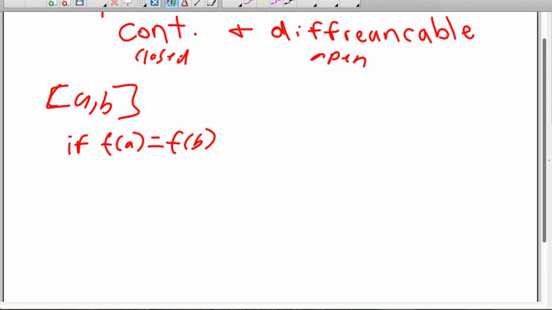Or your derivative equals 0. Yeah. Okay.